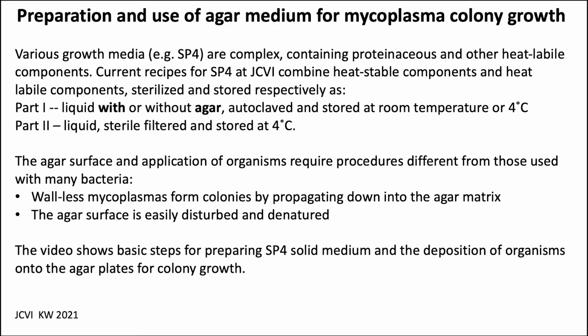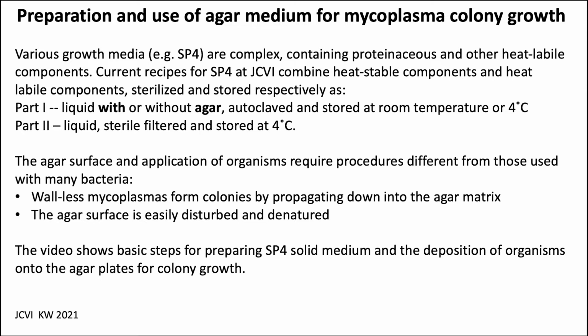In the lab at JCVI, we use the SP4 medium, and it's stored in two parts. Part one is either liquid or with agar, which I'll discuss today. These can be autoclaved and stored at room temperature. The other, part two, contains the more labile components. Those are made in liquid and sterile-filtered.